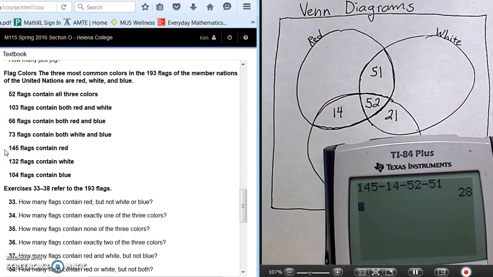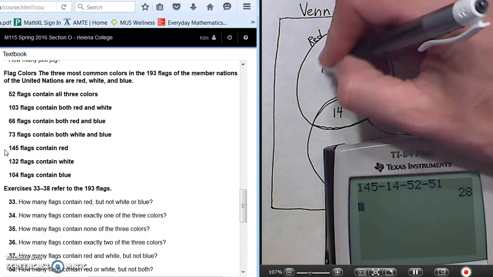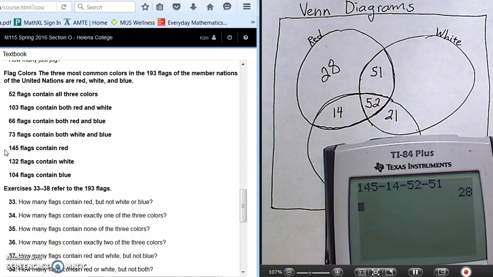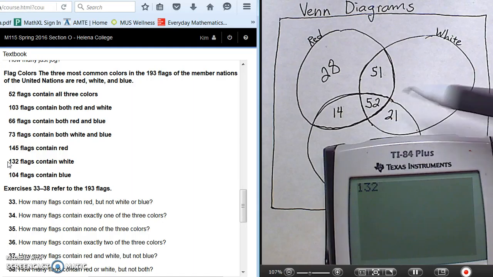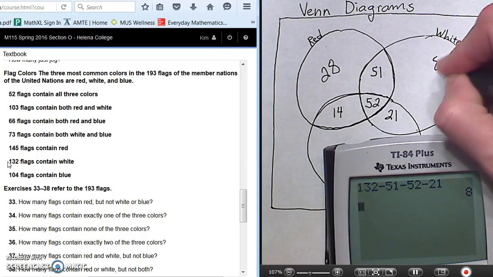There's a total of 28 flags that only have red on them. 132 flags contain white. In the white circle, I need 132 total. I already have 51, 52, and 21. I need to take those values away. There are 8 flags that only have white.